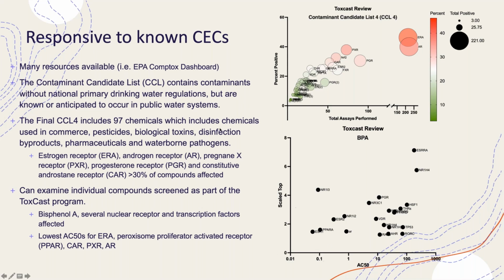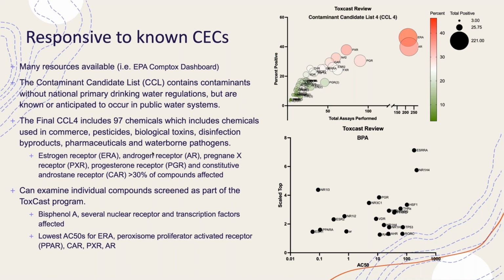And what I'm showing over here is just a simple search looking at an EPA contaminant candidate list. In particular, this is called CCL4, which is 97 chemicals that are commercial chemicals, pesticides, toxins, disinfectant byproducts, et cetera, that we know are in a variety of different water sources here in the US.